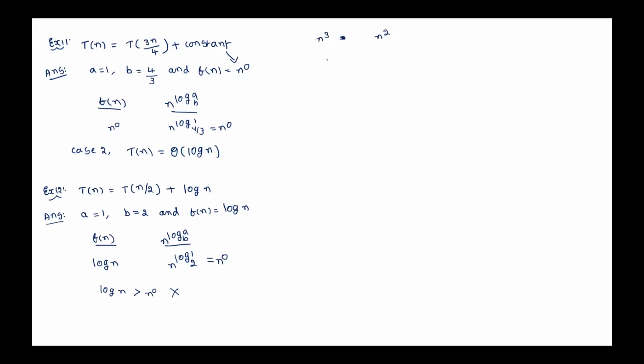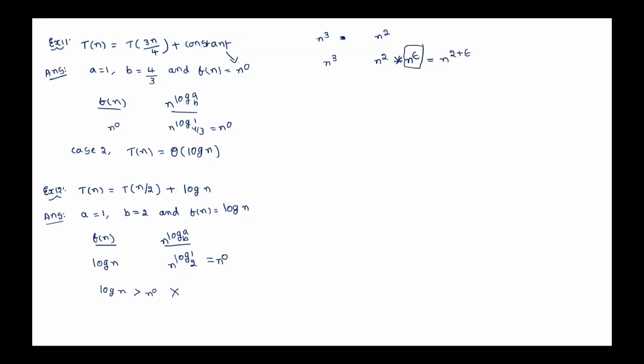When do we say that it is polynomial amount more? If I add some polynomial amount, say n power epsilon, that is nothing but n power 2 plus epsilon. That means I am multiplying with n power epsilon. A power m into a power n is a power m plus n.